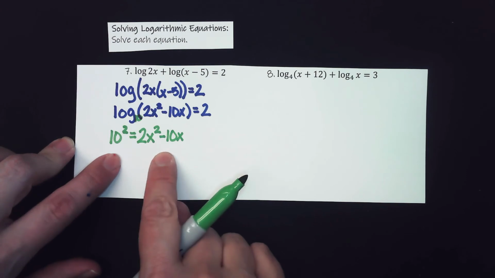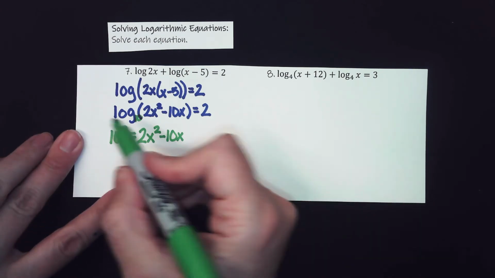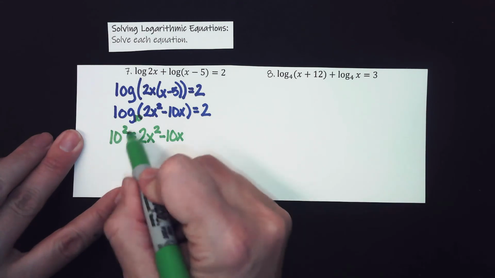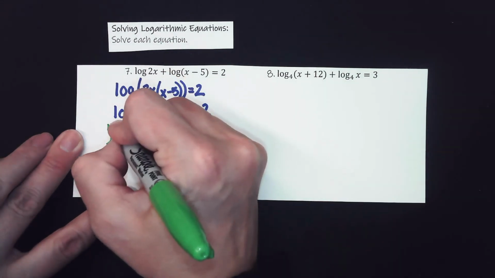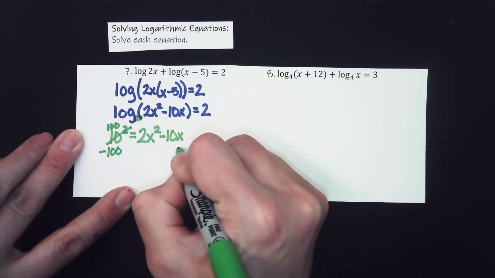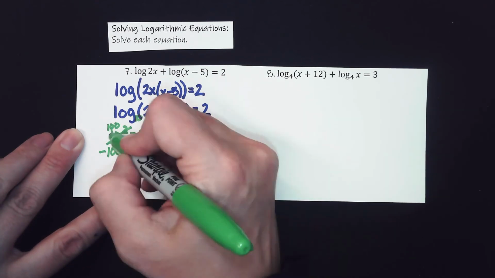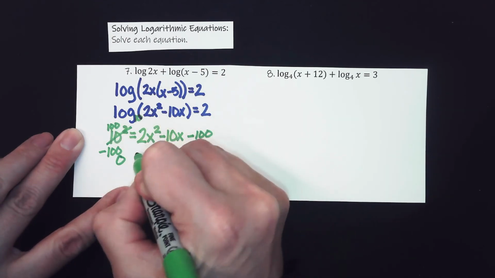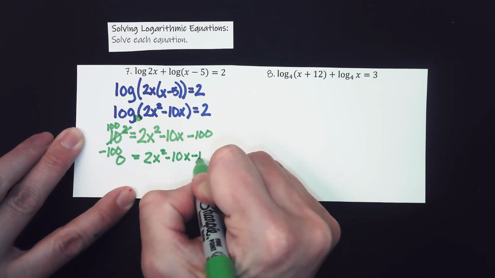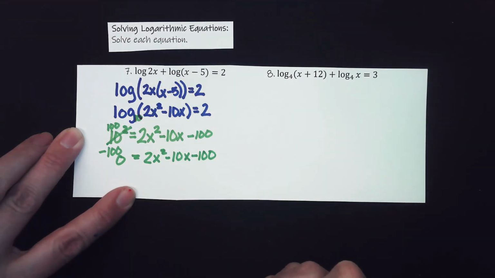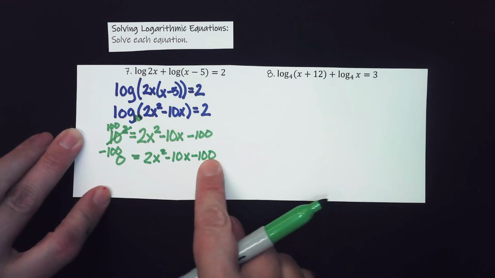Okay, this quadratic is factorable, so I'm going to move everything to one side and simplify a little bit. I know that 10 squared is 100, so I'm going to subtract 100 from both sides. So this side became 0. Okay, and the other side is all of that. And this is factorable.